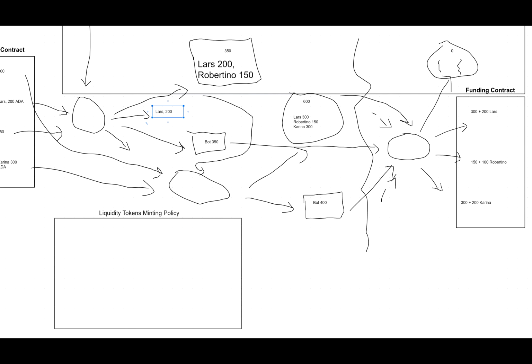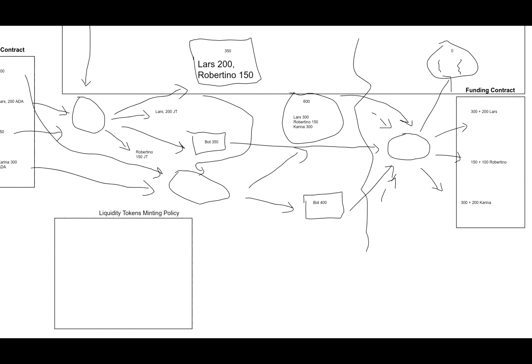Whatever we call it, let's just give it a name, this token. For example, JSON token. And same here. Robertino would get 50 JSON tokens.